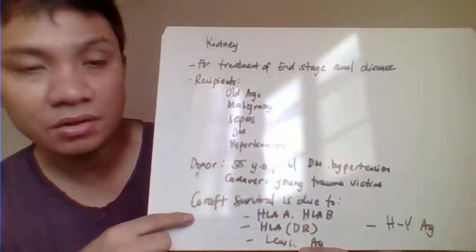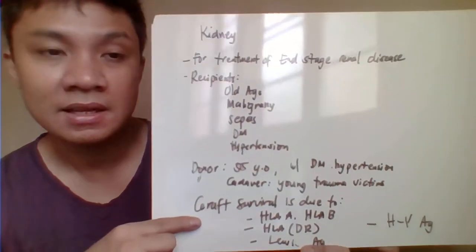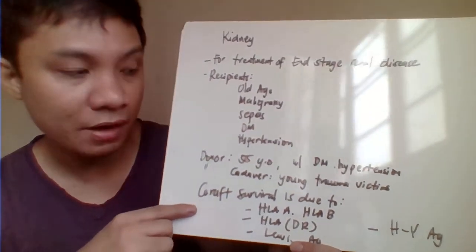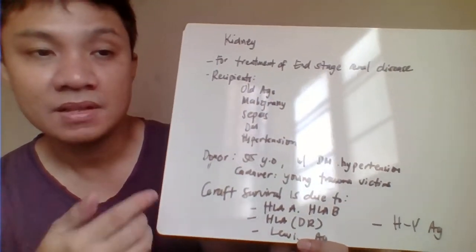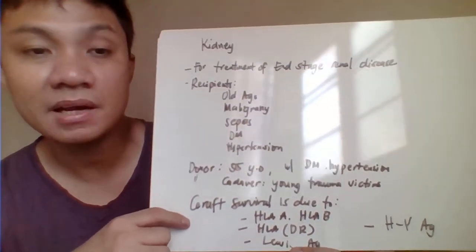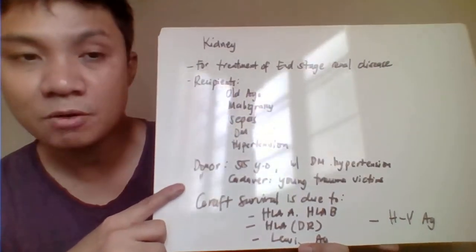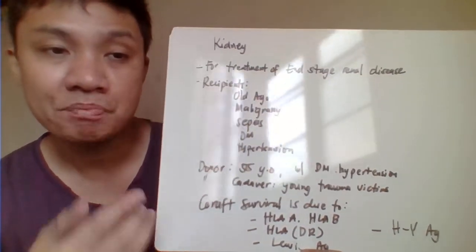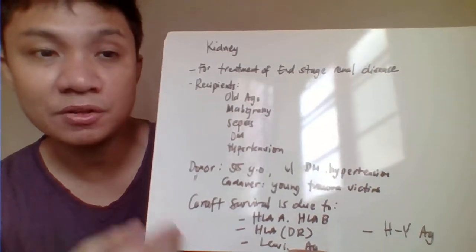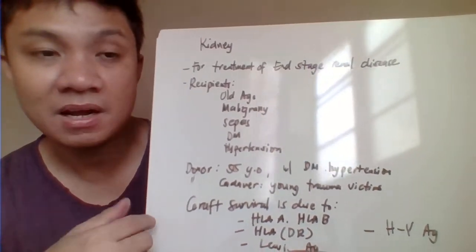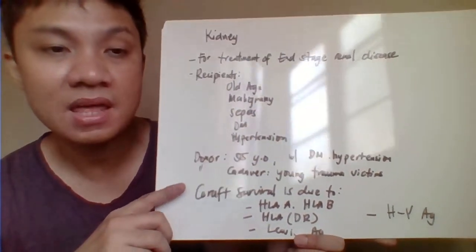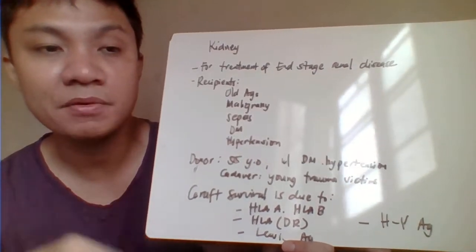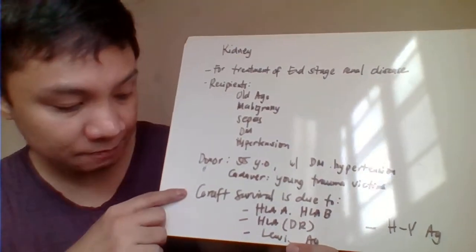For donors, it's becoming prevalent to accept donors 55 years old or above, even those having hypertension or DM. The best donor would be cadaveric, such as a young trauma victim, provided that the organ is removed as soon as the patient dies.